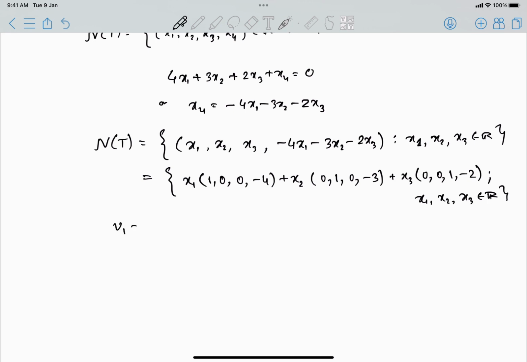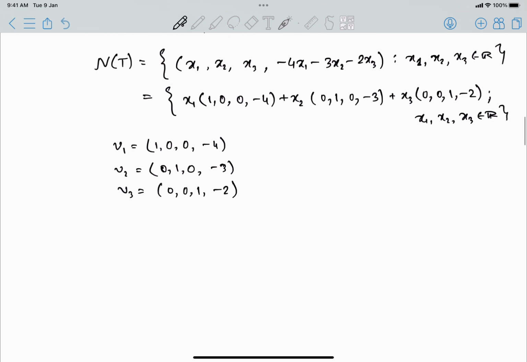Let me call these v1, v2, v3. v1 is (1, 0, 0, minus 4), v2 is (0, 1, 0, minus 3), and v3 is (0, 0, 1, minus 2). One can easily check that these three vectors are linearly independent, because in the first component only v1 is non-zero, in the second component only v2 is non-zero, and in the third component only v3 is non-zero.